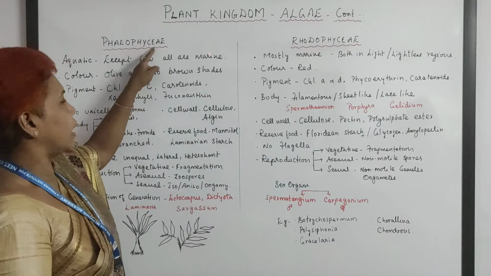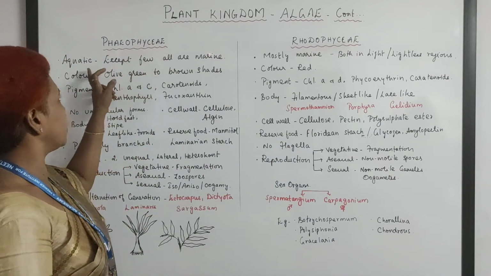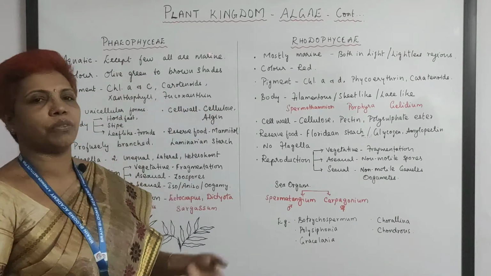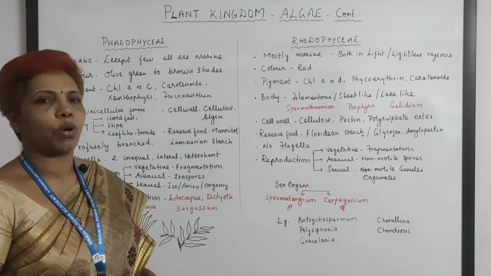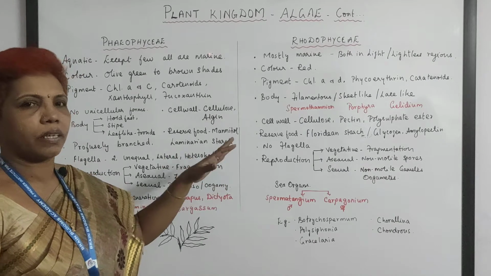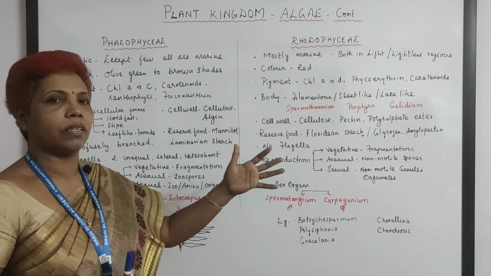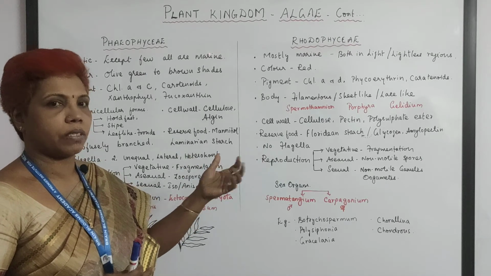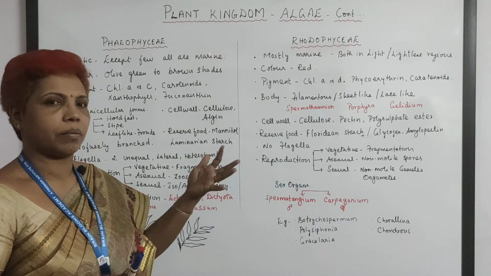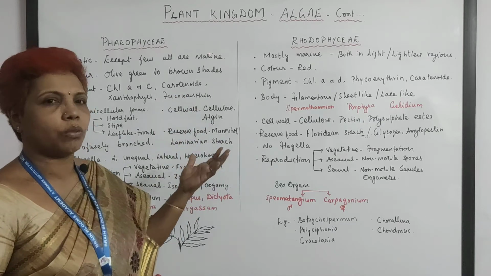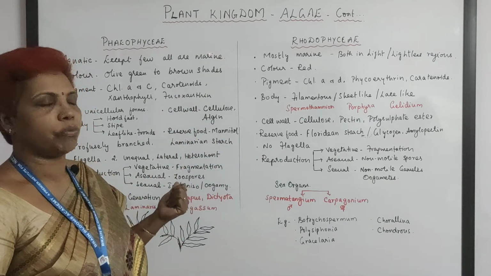So the brown color algae, the phaeophyce members, are aquatic, and except for a few freshwater forms, they are marine, and they are big. The size is quite big. They are giant kelps, laminaria, sargassum, all very big sizes, and almost 2000 species have been reported so far.